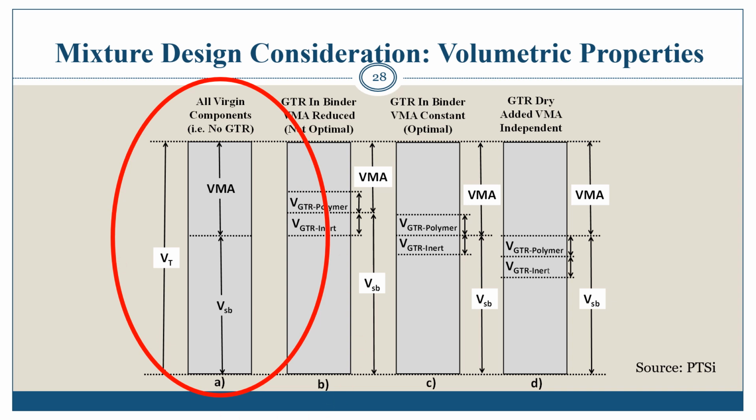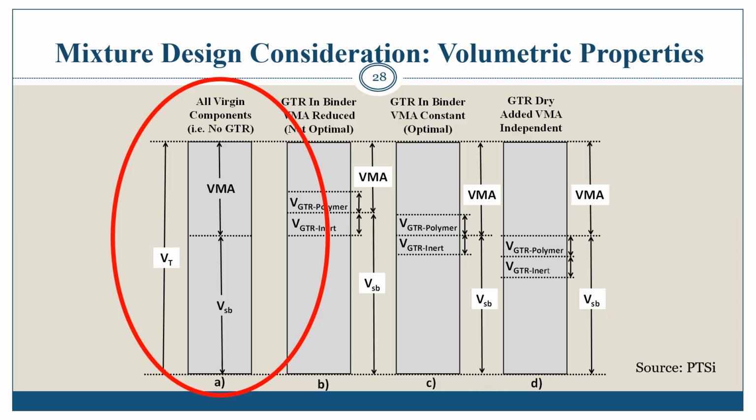An asphalt mixture's total volume, V sub T, is defined by the bulk volume occupied by the stone or equivalent inert material, denoted as V sub V, volume of stone, plus the voids in mineral aggregate, or VMA.